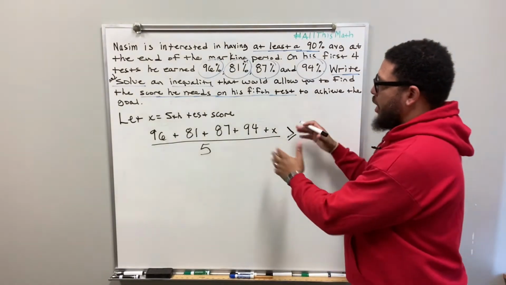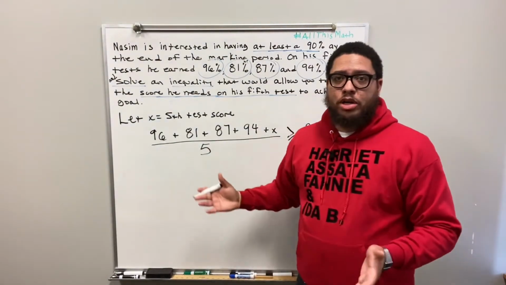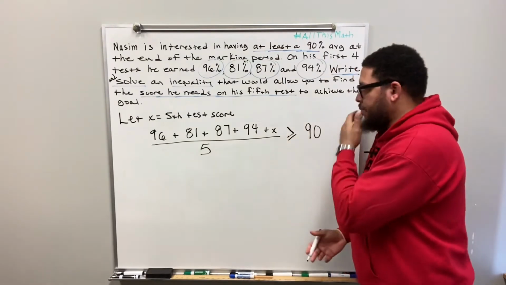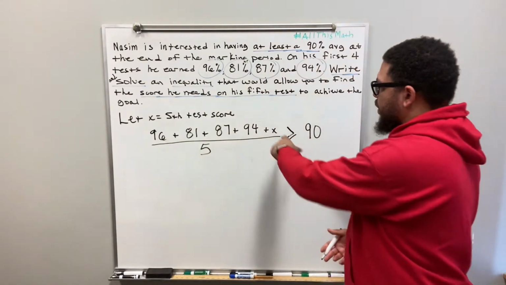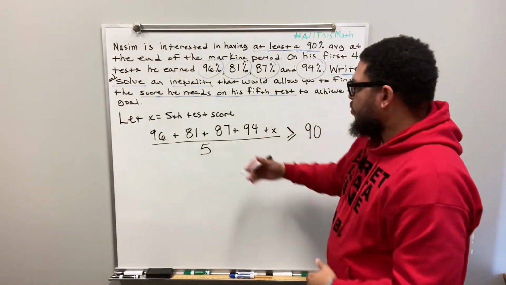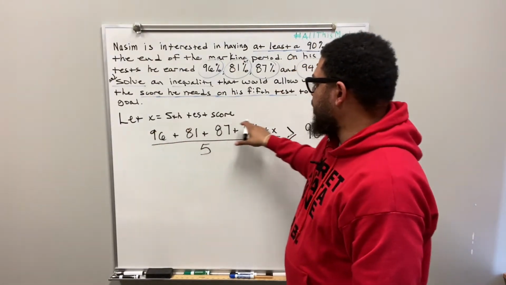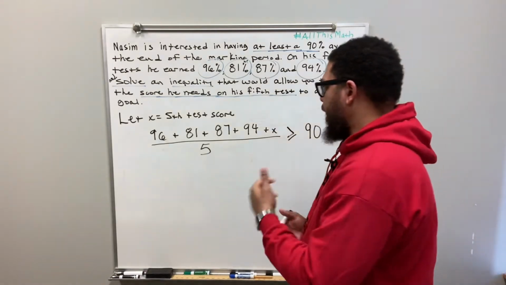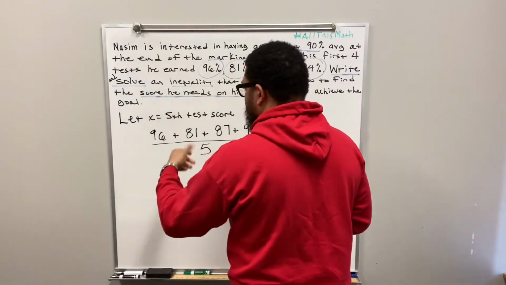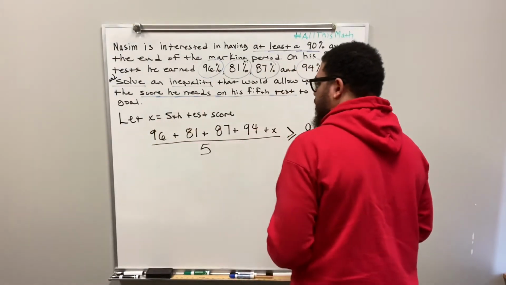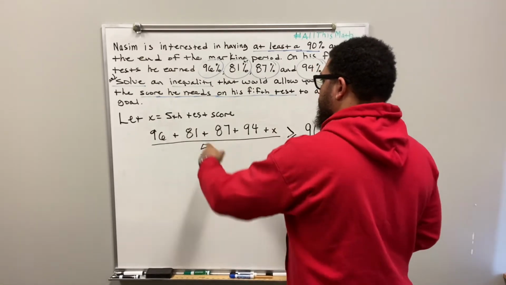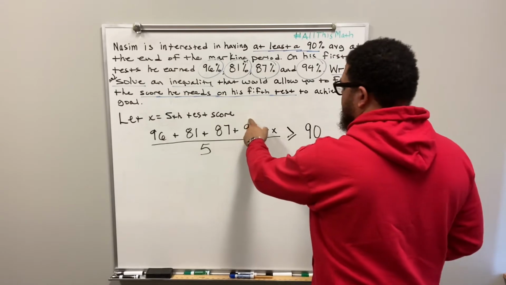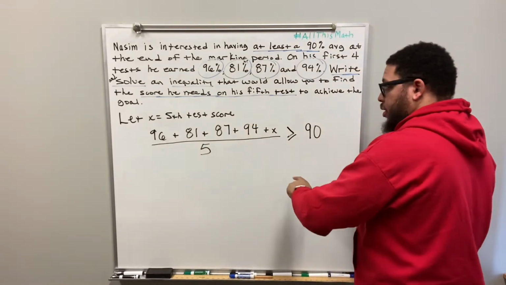Now we got the inequality. Realistically, the hard part is over. Now we just have to solve for x in the inequality. All right? So the first thing I would do is, because I want to isolate x by itself, I'm first going to add up all four of these numbers and kind of consolidate them into one term. So I'm going to add those up. Let me see. I'm going to do a little bit of mental math. 90 plus 80 gives me 170. 170 plus 80 is going to give me 250. 250 plus 90 is going to give me 340, right?